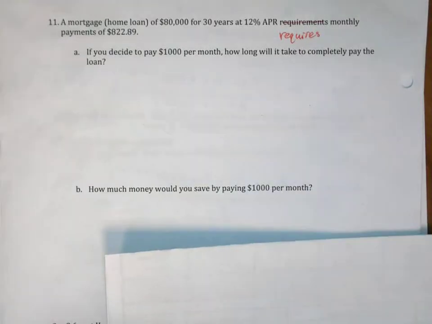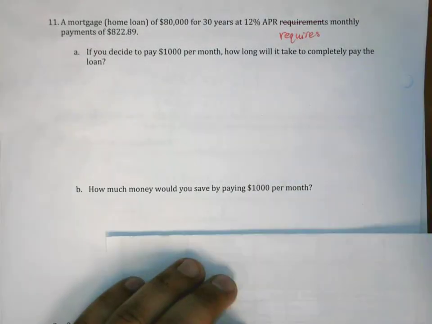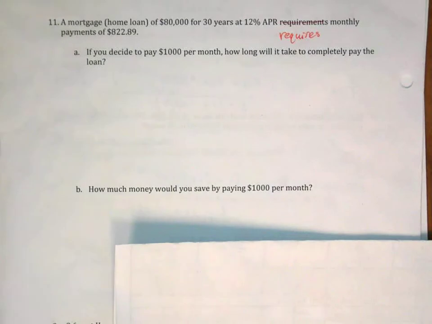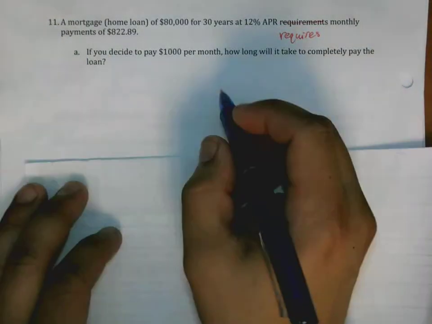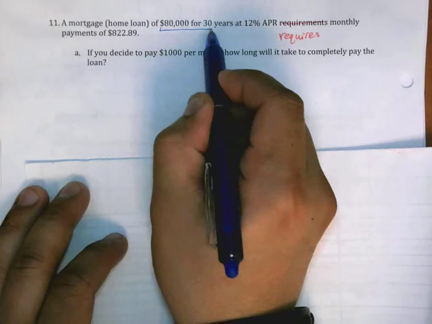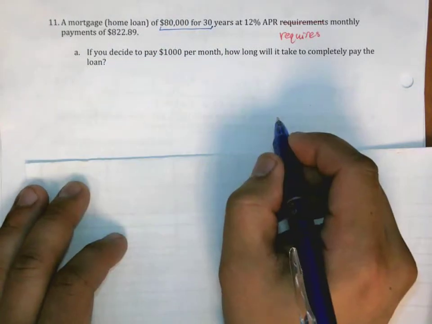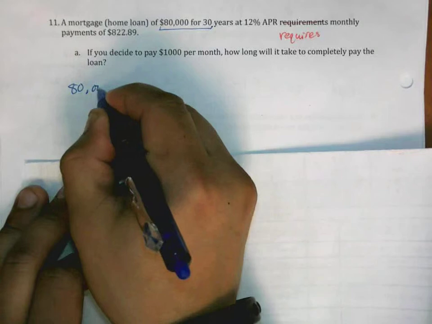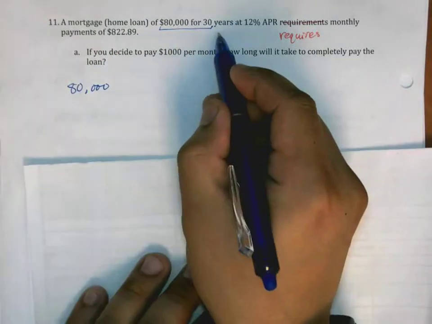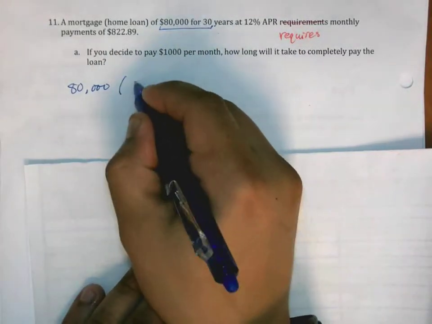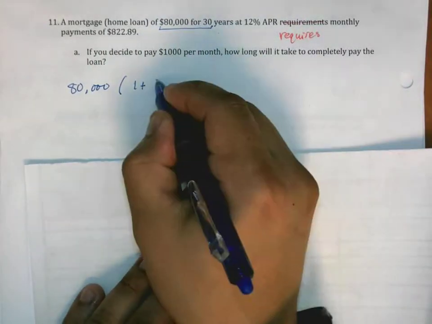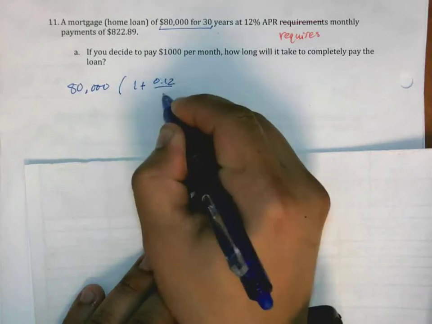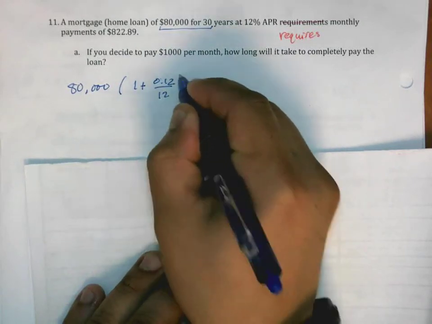We can set it up, let's see, our traditional formula that we're used to setting up. This is what we know so far, right? So if you were to borrow $80,000 for 30 years at 12%, this is the lump sum formula.